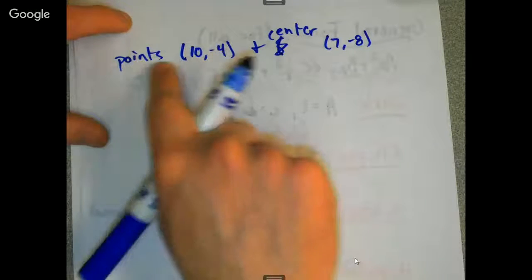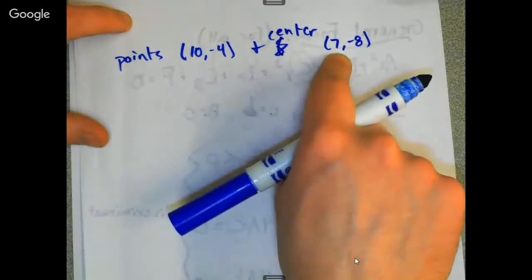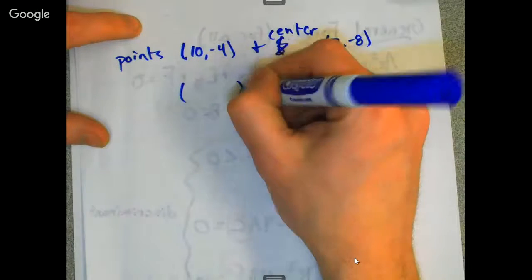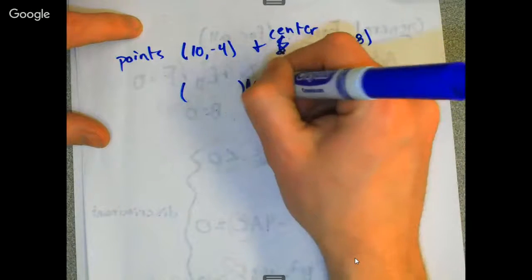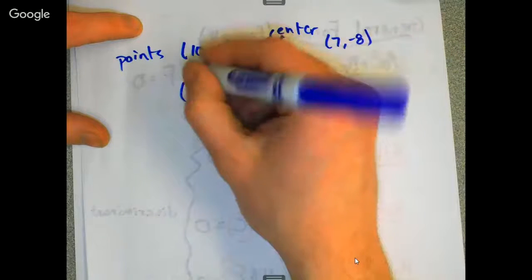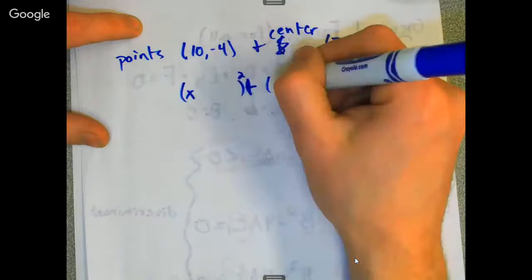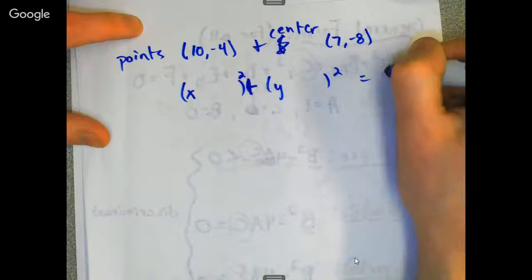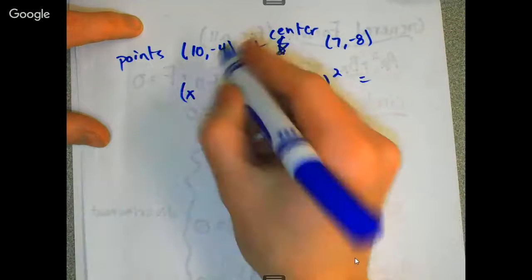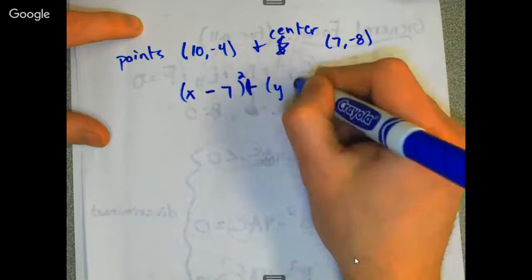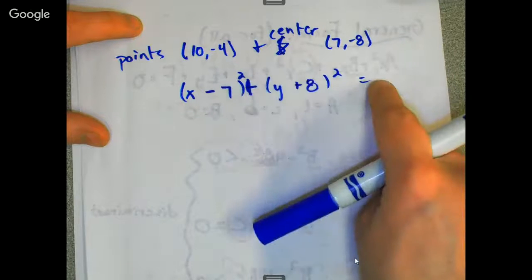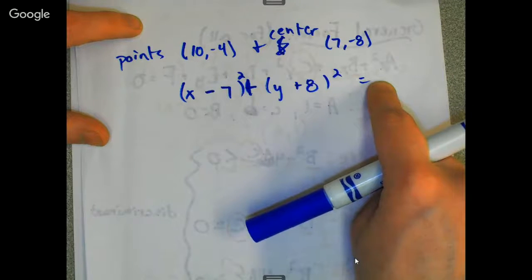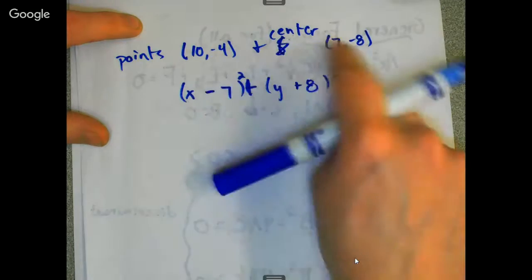So this is the point on the circle and this is the center, and I want the equation. So we'll start off by saying this. I know the center, so that's a minus 7 and that's a plus 8, but I don't know this radius here. So I need to find the distance between these 2 points right here.